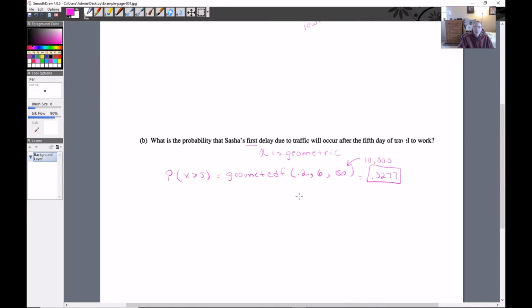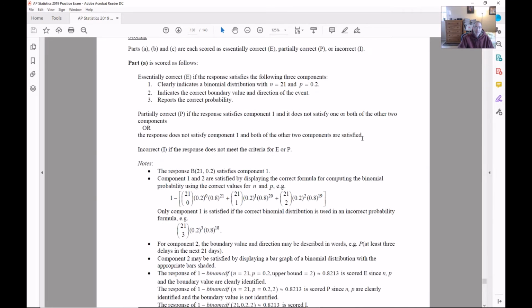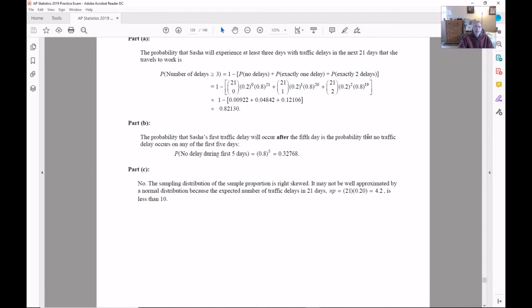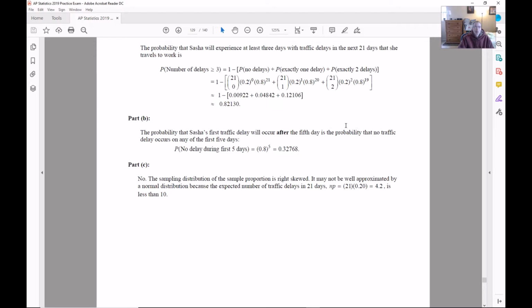Now, we did ours here as a geometric for letter B. They didn't. All right? They did theirs. Let's look. The probability that Sasha's first traffic delay will occur after the 5th day is the probability that no traffic delays occur on any of the first 5 days.